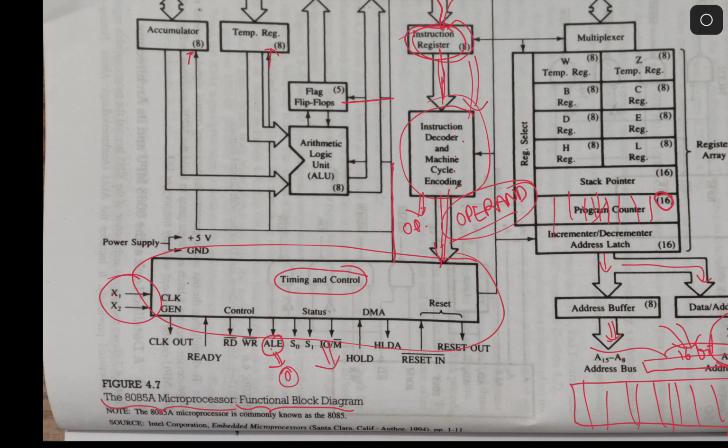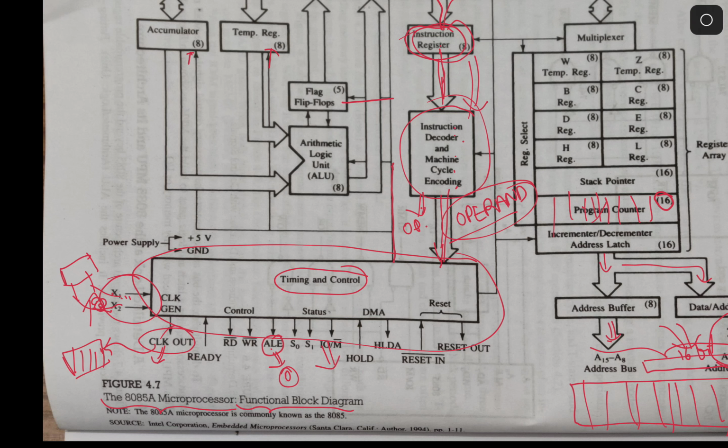We have this X1, X2. This X1, X2 is connected to a crystal oscillator, and this is like the heartbeat, like the pulse. This is the main source of signal, and we have this clock out, and this clock out signal is used to give this kind of pulse information to some external peripheral devices.